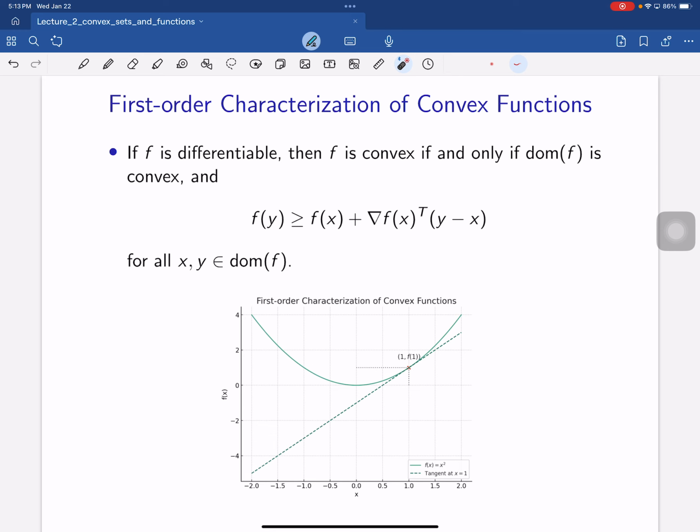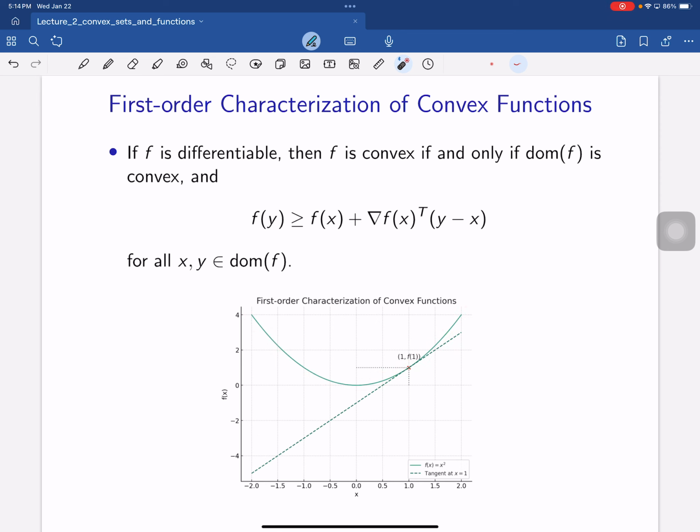All right, this formula gives you the first order characterization of a convex function. Okay, geometrically, what does that mean? Let's check this function here. Clearly, it is convex.